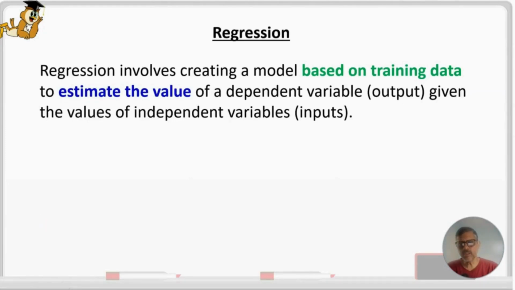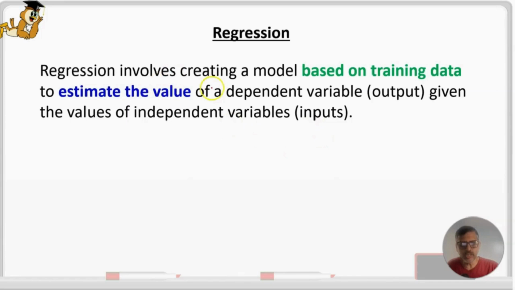In general, regression involves creating a model based on training data, of course, to estimate the value of a dependent variable, also called the output, given the values of independent variables, also known as inputs. So I'll repeat this once again.